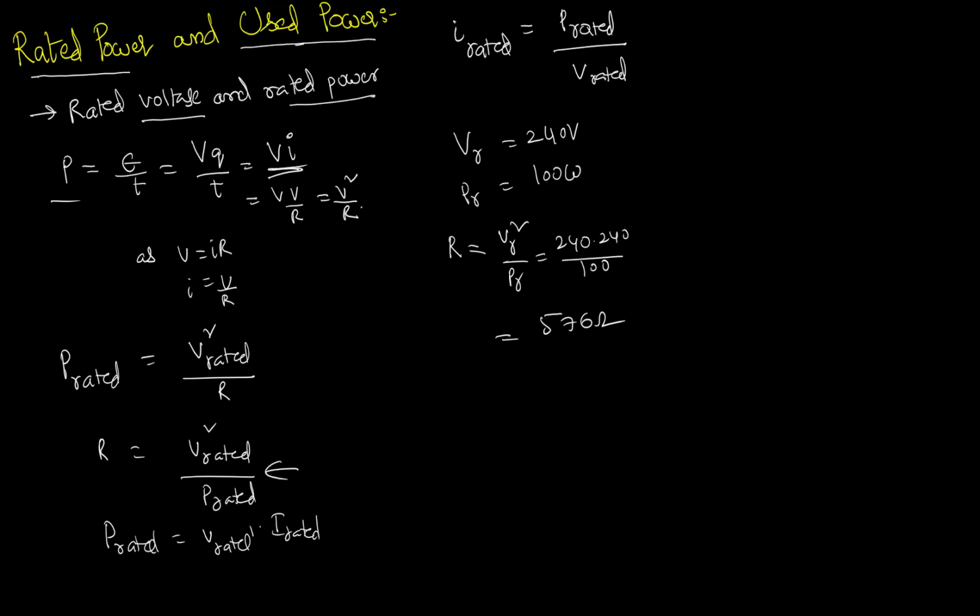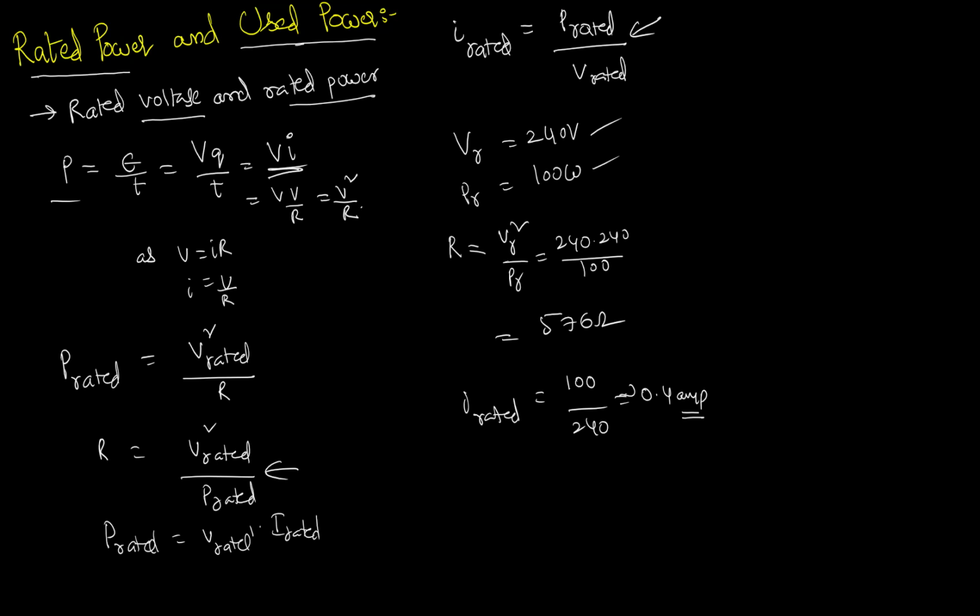Further, if you want to calculate the rated current, I rated is power rated, 100 watts, divided by voltage rated, 240 volts. It will give approximately 0.4 ampere.